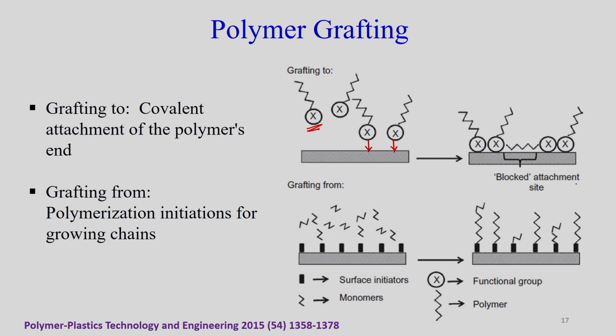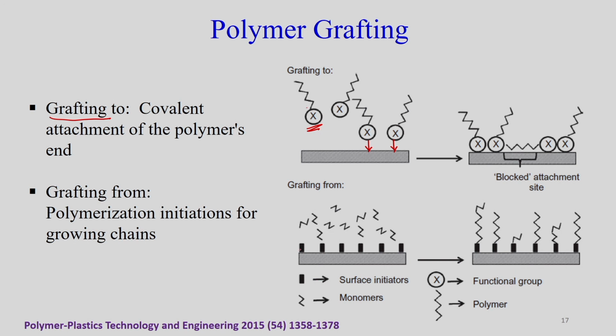This we call grafting to. Grafting to means this whole polymer chain has a functional group which is covalently attached, and this X group is going to form an interaction or attachment with the surface.